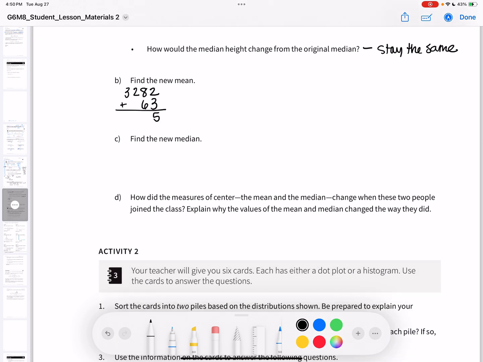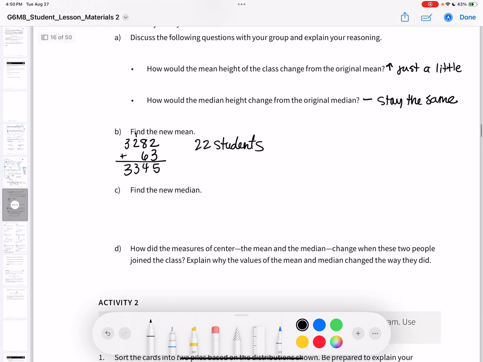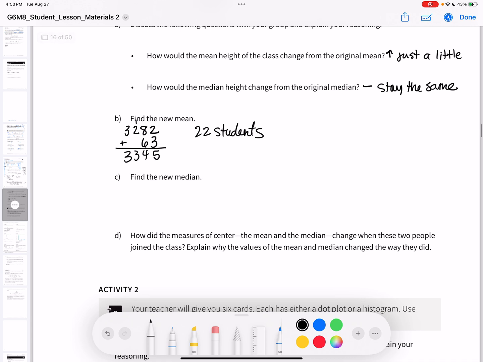So that's 3,345. Okay, so now we have our new sum, but now we have 22 students instead of 20. So we're going to take this number, 3,345, and divide it by 22.